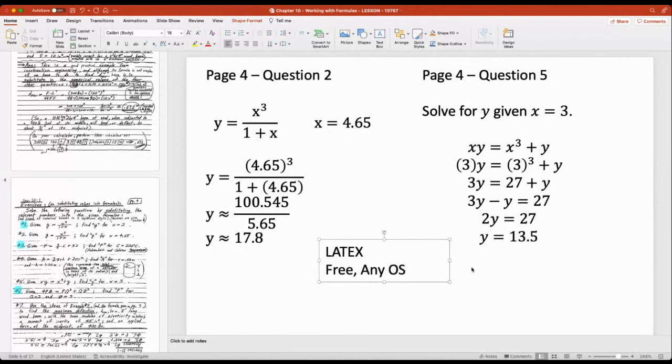So if you have Windows, Mac, or Linux, then you can use this. It's like you're writing a web page, but in the beginning, it's really stressful because it looks like computer programming. But when you master how to use it, it's incredible how good it is. And then I'll show you some of the stuff that I've done with it. Perhaps I can do that after we finish the lesson today.